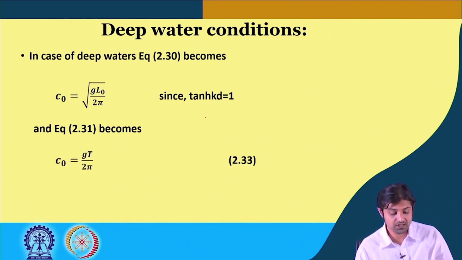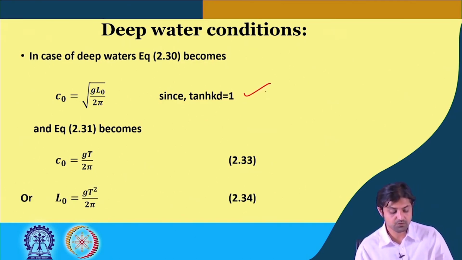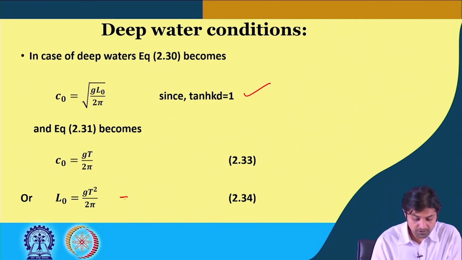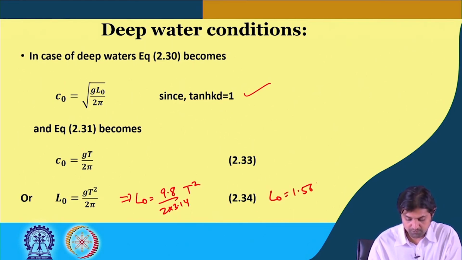Equation 2.31 was C naught becomes g T by 2 pi, or L naught can also be written using this equation as g by 2 pi T squared. All right, or we can also write L naught as g by 2 pi, which is 9.8 divided by 2 into 3.14, into T squared, so L naught can be written as 1.56 T squared.